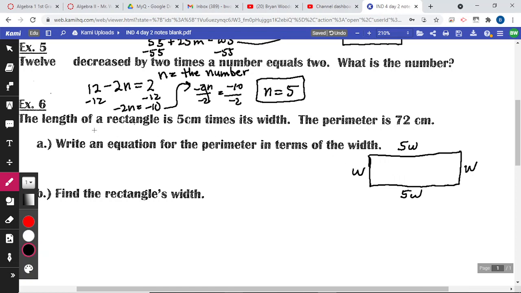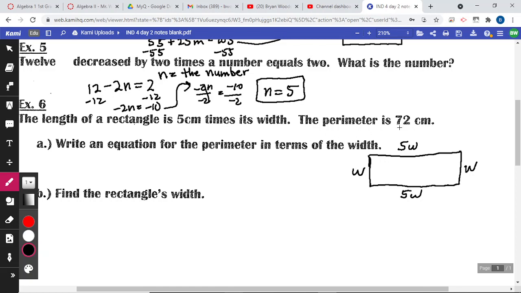So where is the equation in here? The perimeter is 72. And we've got that in terms of width down here, right? If we just go around this thing and add all these up, that will be the perimeter in terms of width. So this might be a little confusing at first.